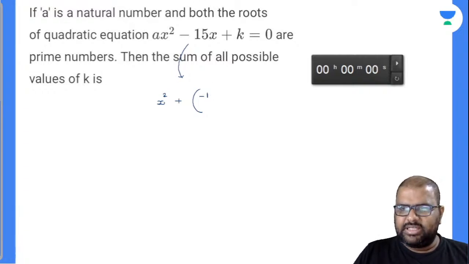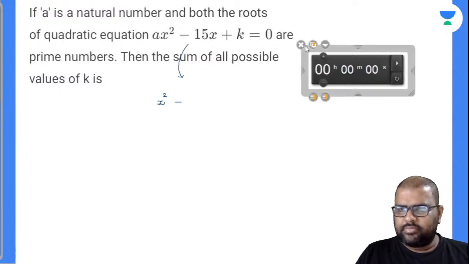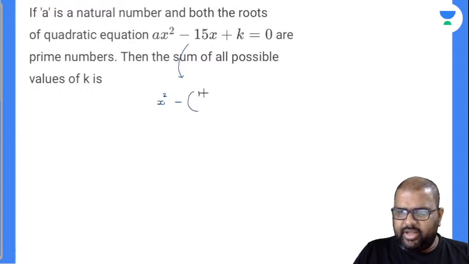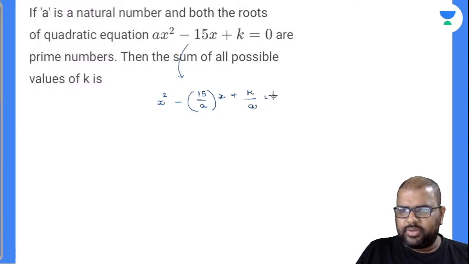The final equation is this now, so I can write down this only: x square minus 15 by a into x plus k by a is equal to 0. So this is nothing but called my sum of roots. This is nothing but called my product of roots.